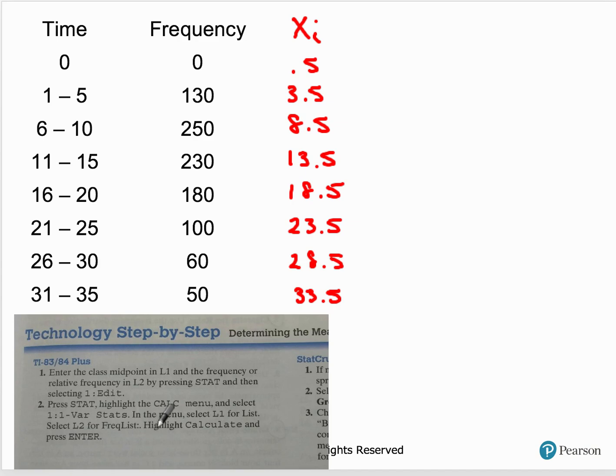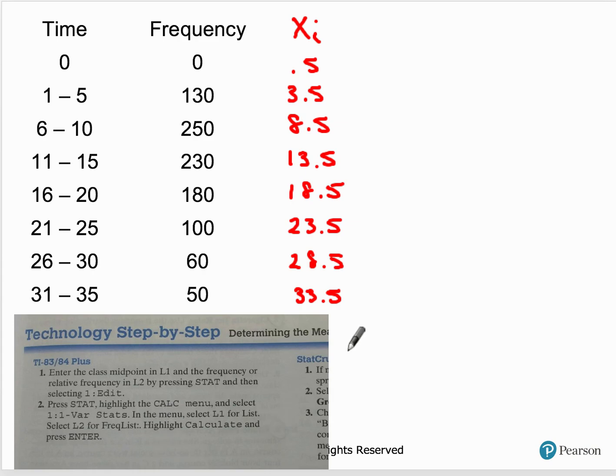Then, if you look on your calculator, look above the numbers 1 and 2, the yellow, you've got L1 and L2. So do second and hit number 1, and you'll see that L1 gets put up there. And then a comma, and then do second and hit number 2 so that L2 gets put up there.